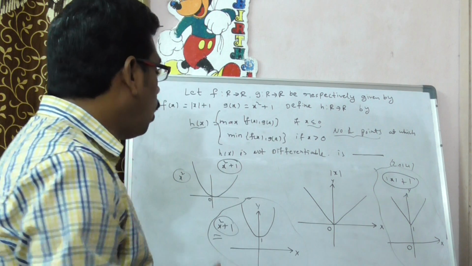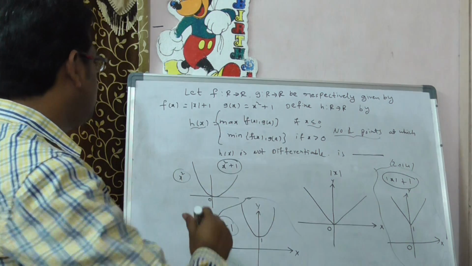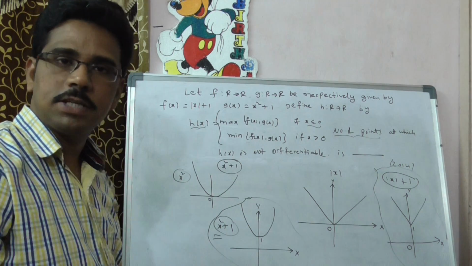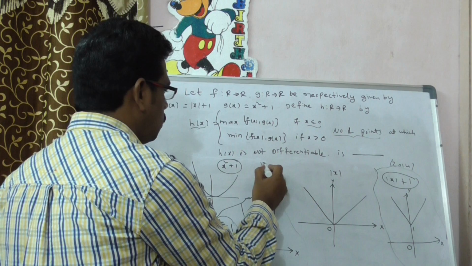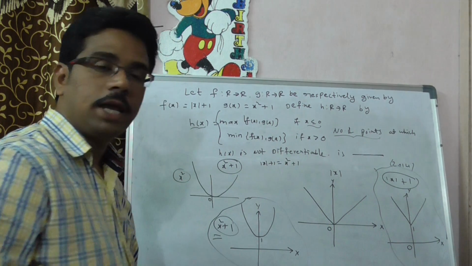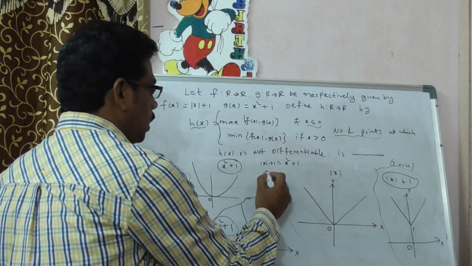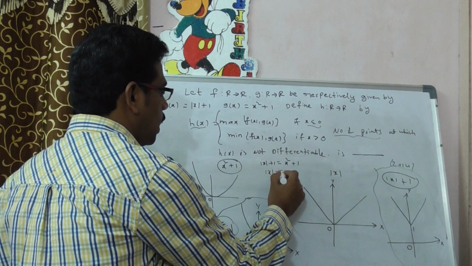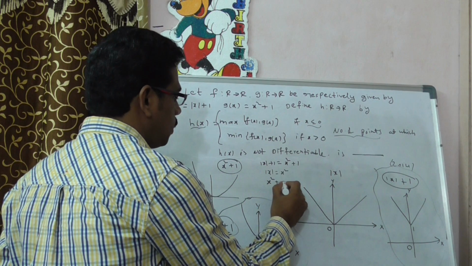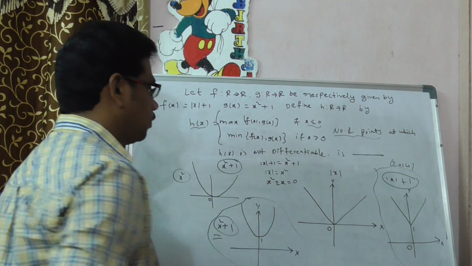Understood? So how to calculate those points? Solve these two equations, mod x plus 1 and x square plus 1. Equate these two. Mod x plus 1 is equal to x square plus 1. Here 1 gets cancelled. Now mod x is equal to x square. In the second equation you can write it as x square plus or minus x is equal to 0.